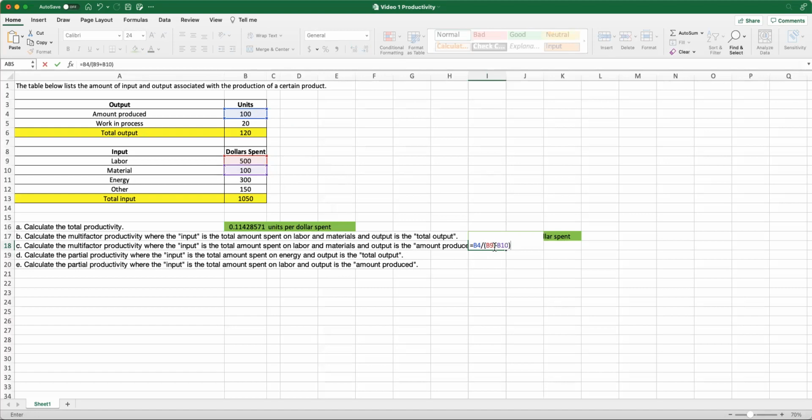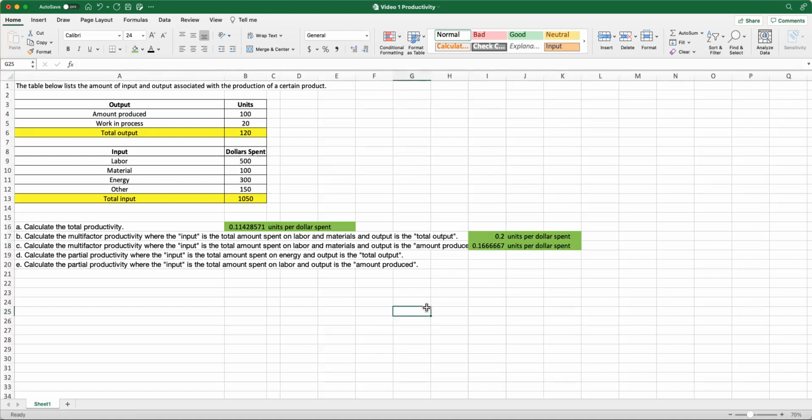So it will be essentially 100 divided by 600, as you see. So that will be 0.17 approximately units per dollar spent on labor and materials.